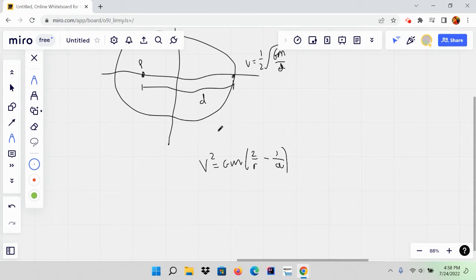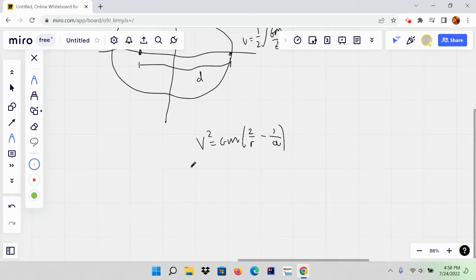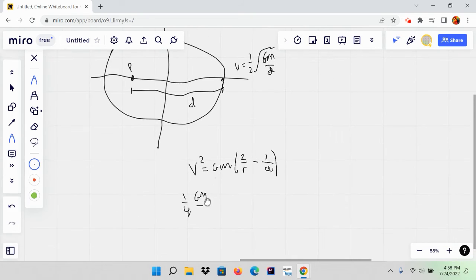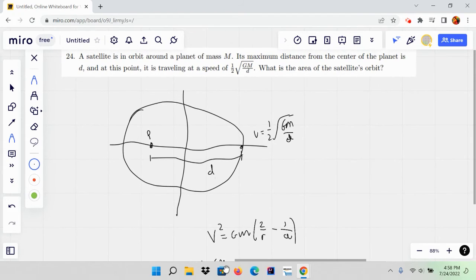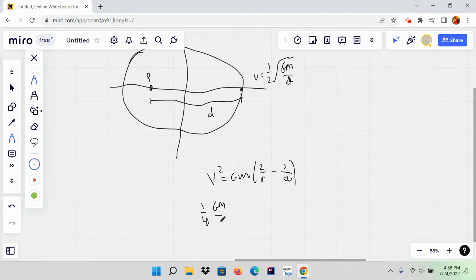So if we plug in our v and the d, we get 1/4 GM over d, equal to GM times 2 over d minus 1 over a. Maximum distance, yes.